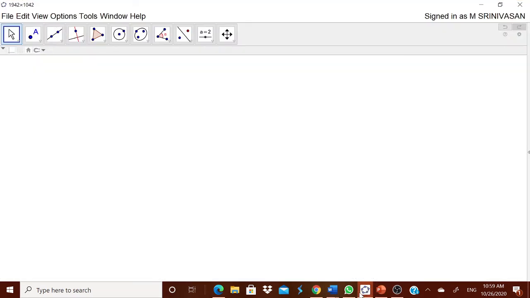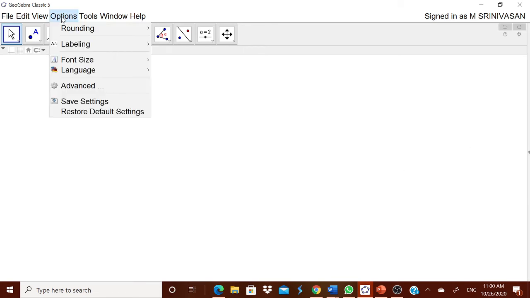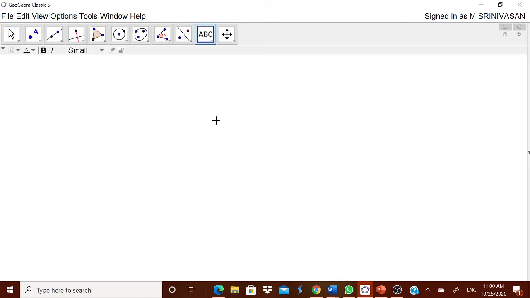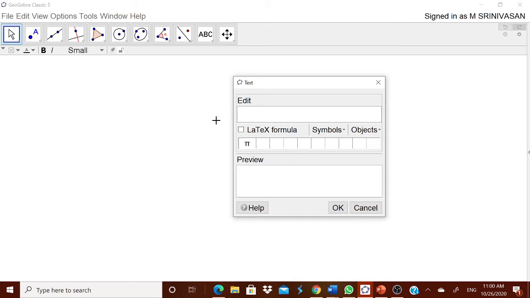For that, I have taken a new GeoGebra worksheet. I have taken the geometry view, and I have taken the option rounding off to 2 decimal places and labeling of new points only. Now when you start, you can give a text like this. You can tell that this is a problem construct.